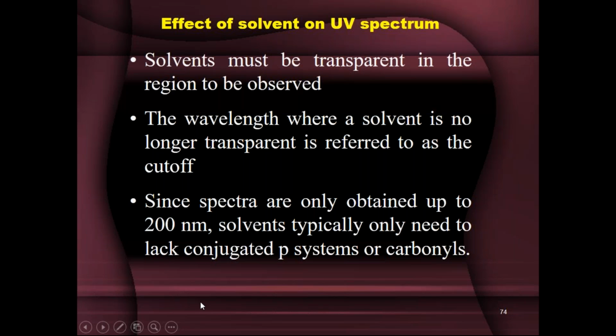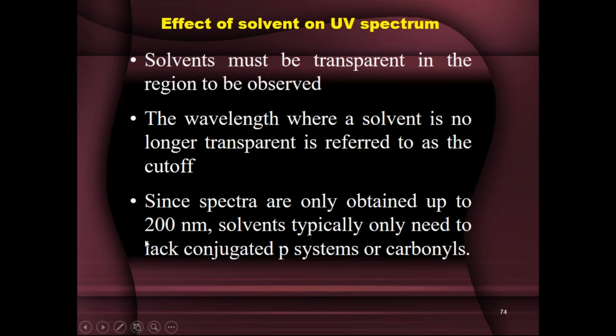Usually we say 180 to 380 is the UV range and 380 to 780 is the visible range. But if you go below 200 nanometers, you see a lot of disturbance, a lot of noise, and that is why measurements are usually done from 200 nanometers.